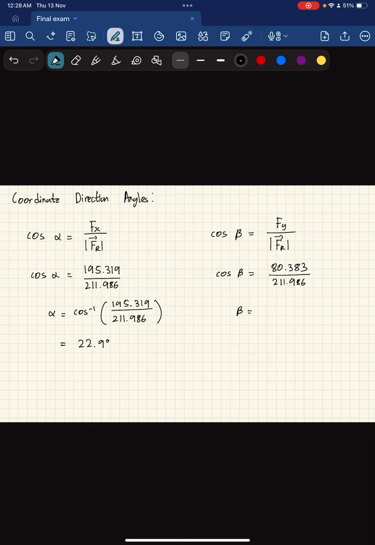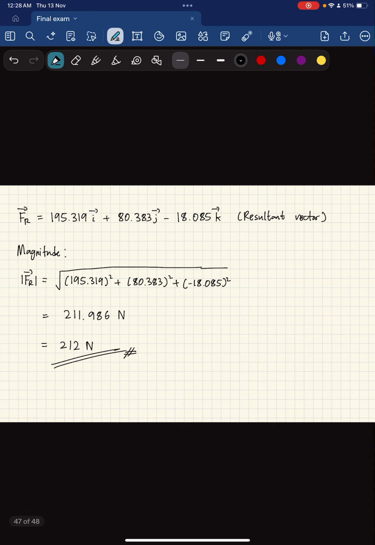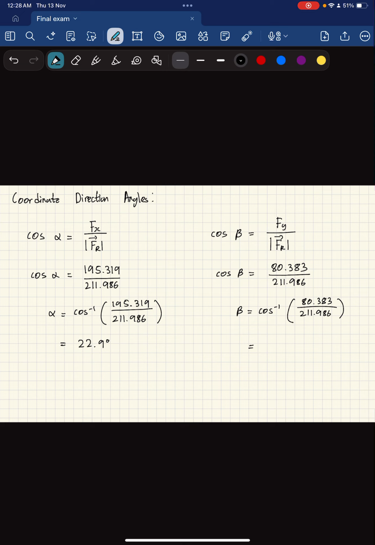Beta is just the cosine inverse of 80.383 over 211.986, which is about 67.7 degrees. So that's your alpha, and that's your beta.